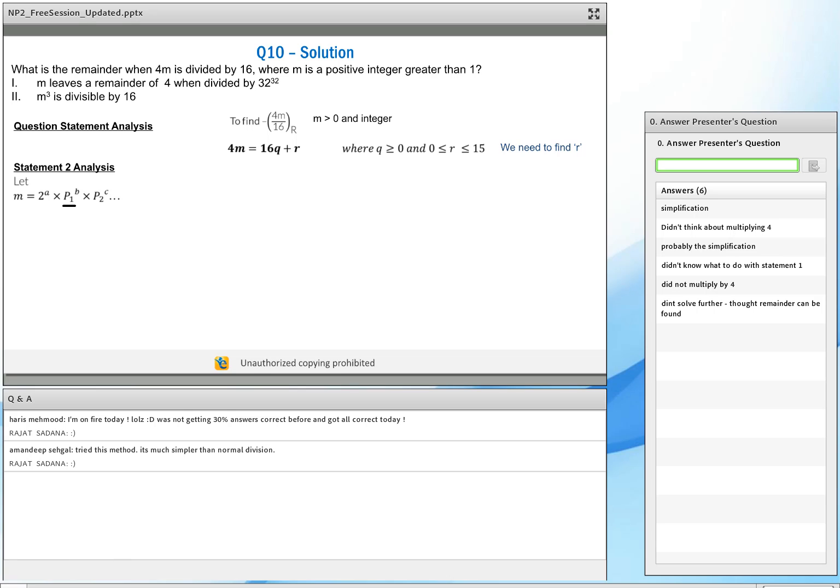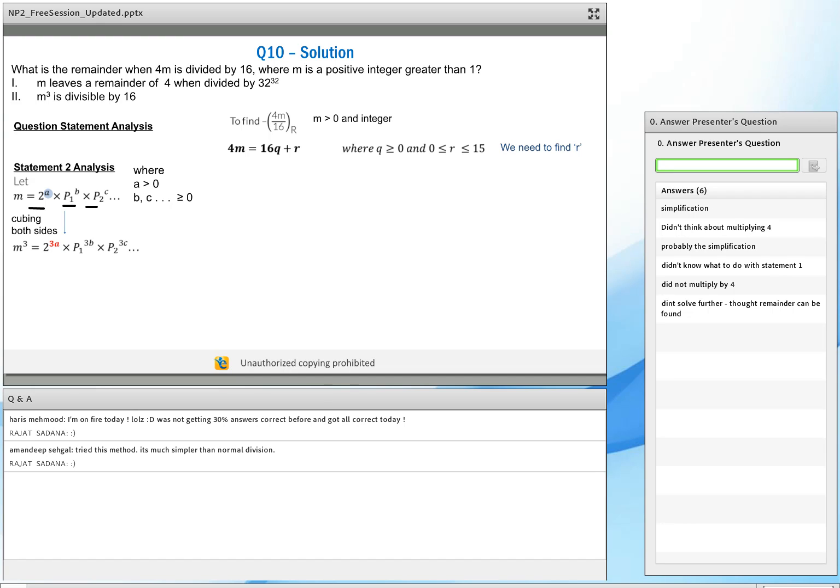Okay. Why do we do that? Because we know that m cube is divisible by 16, which means it is divisible by 2 to the power 4, or 3a is a multiple of 4.